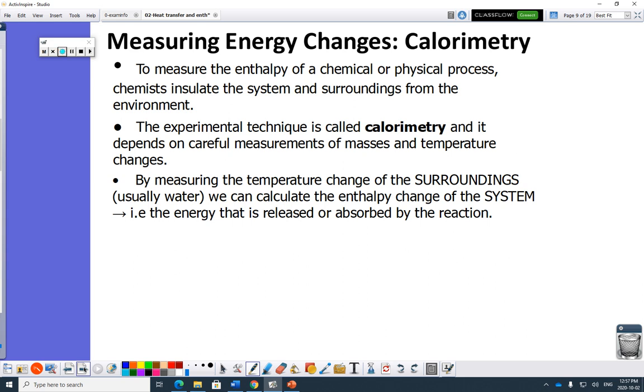And as long as you keep your cups together, it works. Obviously, if we left it for 24 hours, the coffee, if there was coffee, would not stay hot. So the reaction should take only a couple of minutes, maybe not even a minute. You'll monitor the temperature change, and then we're going to use the system and relate it to the surroundings.